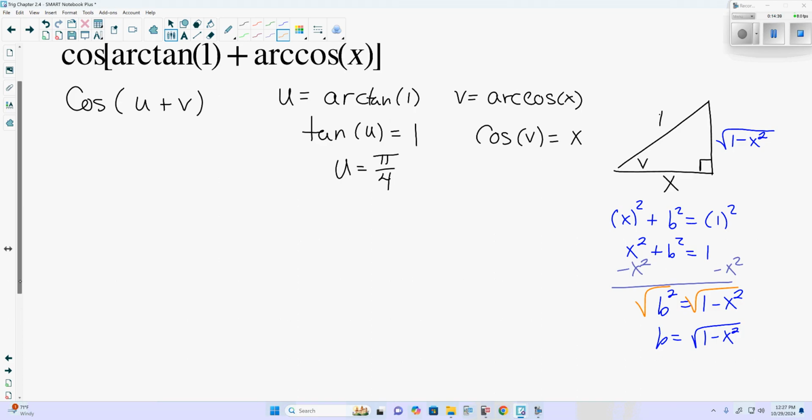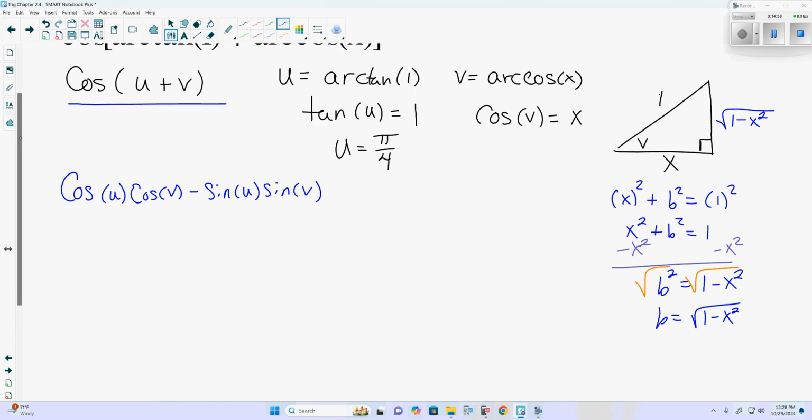Okay. Now again, we said we're trying to find what? Cosine of u plus v. Well, cosine of u plus v is cosine of u, cosine of v, minus sine of u, sine of v. So we're going to plug some stuff in. Now, cosine of u. We know what angle u is.